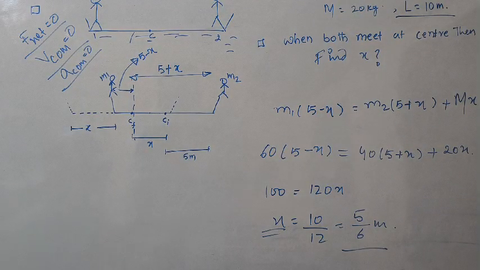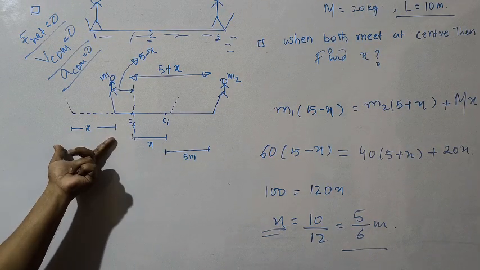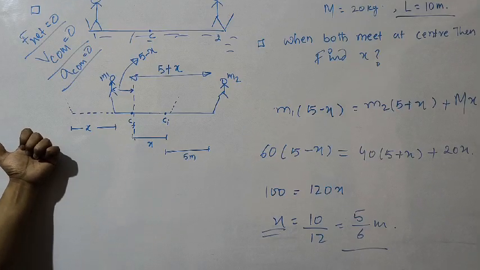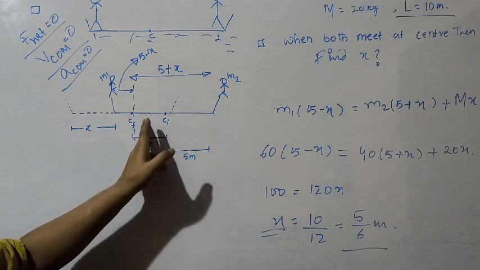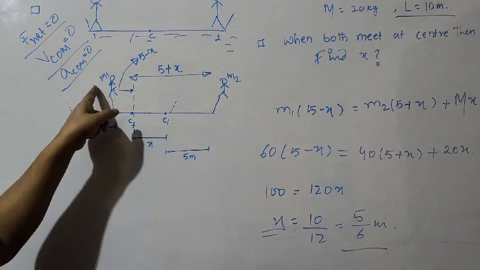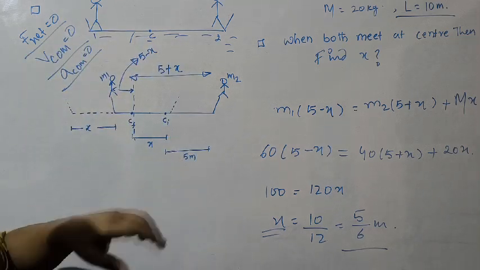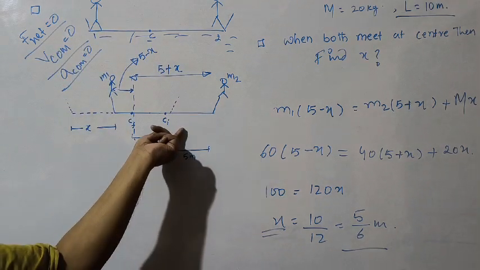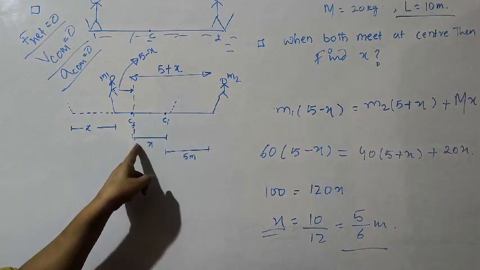So here we have just assumed that the boat is shifted by x distance in left direction or backward direction, and M1 has to move up to center. Now the center has already shifted by x distance, so M1 has to move for a distance of 5 minus x, and since the center has shifted by x distance, M2 has to move 5 plus x.